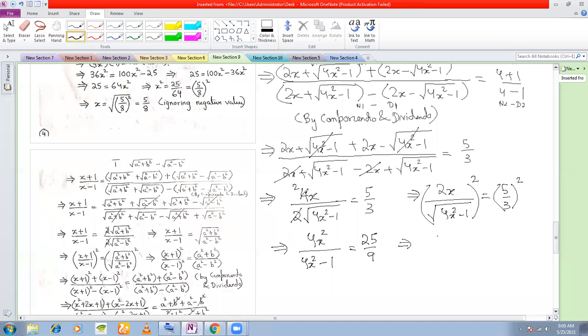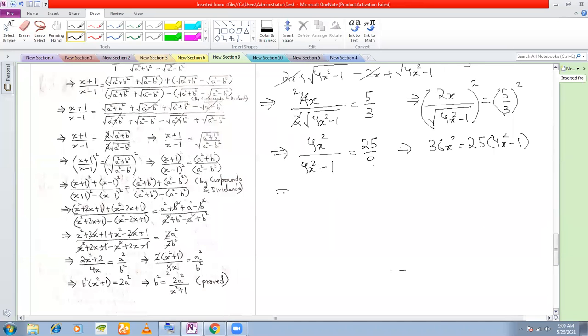Now you cross multiply, you get 36x square is equal to 25 times 4x square minus 1. So that in the next step, you have 36x square is equal to 100x square minus 25.